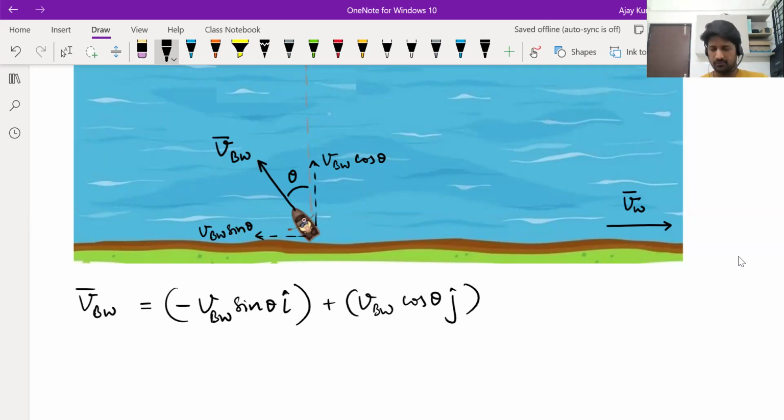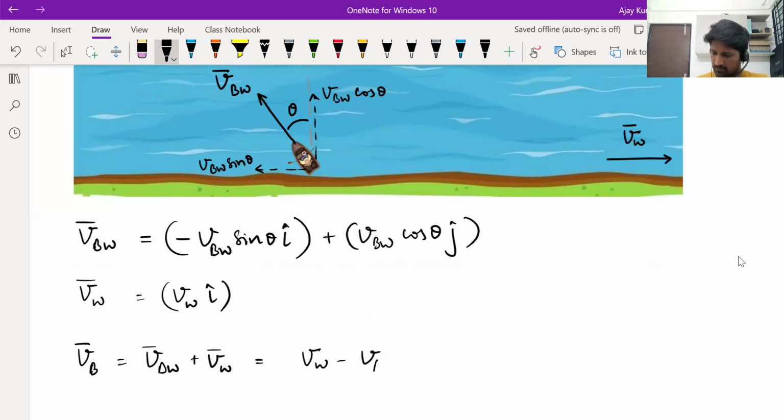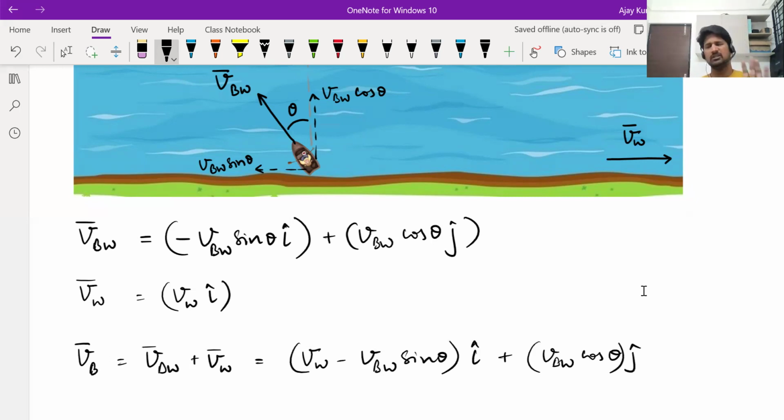That's the velocity of boat relative to water, and velocity of water is VW i cap. From these two, the effective velocity of the boat is VBW plus VW. Add these two, it becomes (VW minus VBW sin theta) i cap plus VBW cos theta j cap. So this will be the ultimate velocity with which the boat moves.